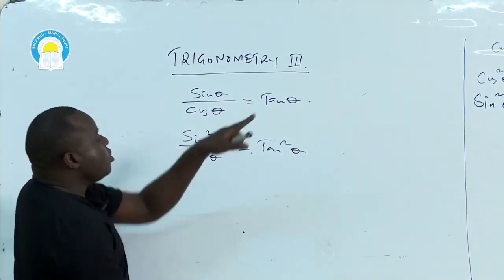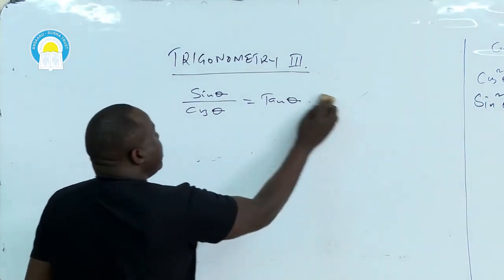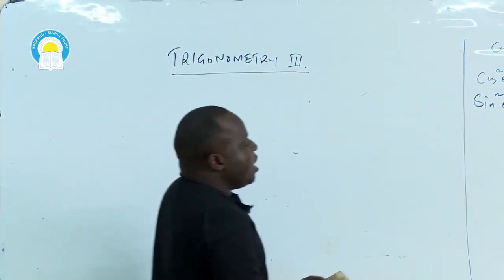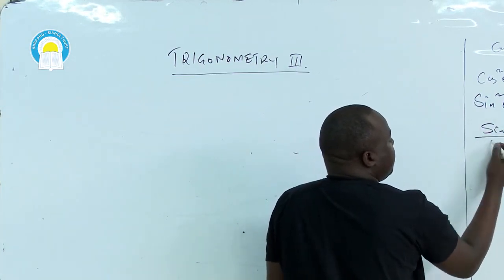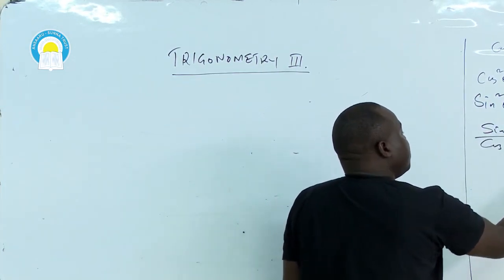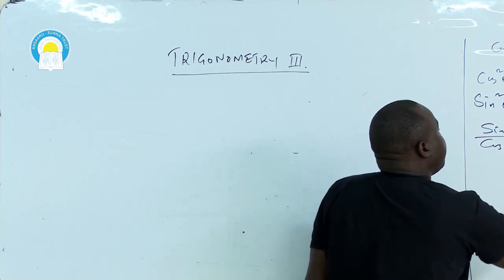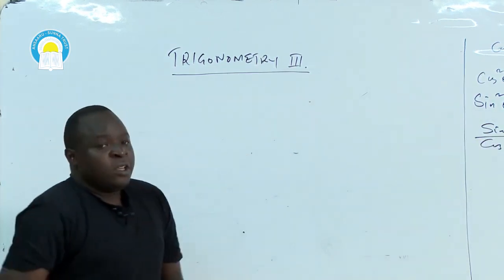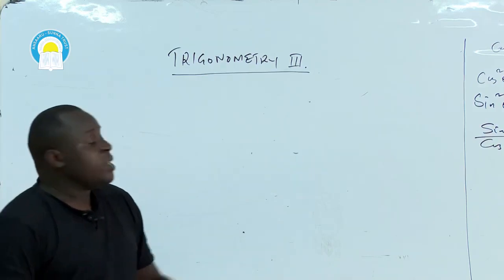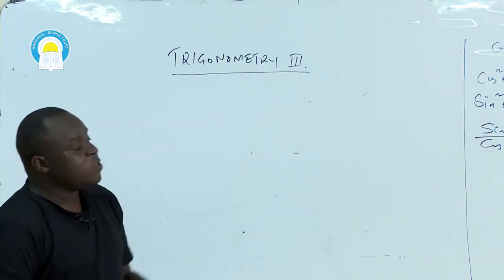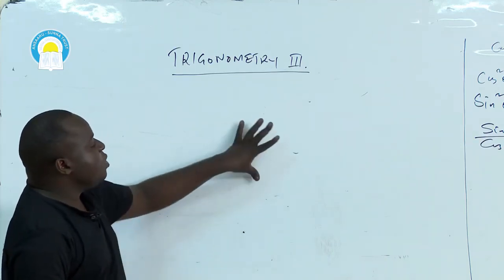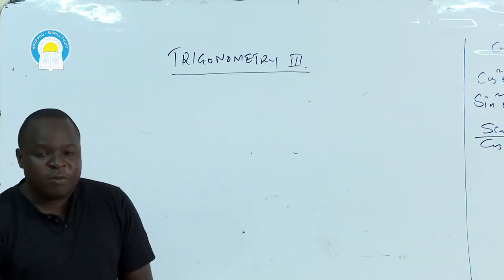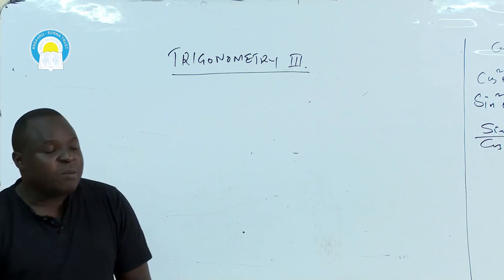So now, to add on the relation I just explained, I also add this: sine theta over cos theta equals tan theta. With those two, the relationship between sine, cos, and tan will be used to simplify some of the questions that I'll talk about.